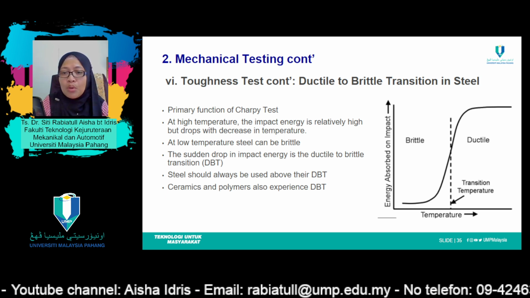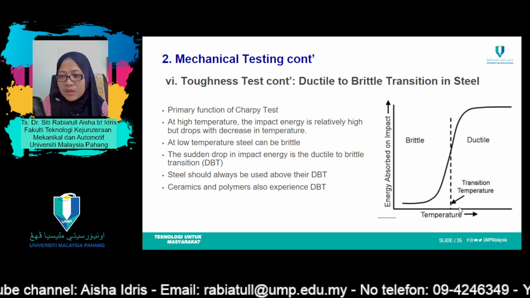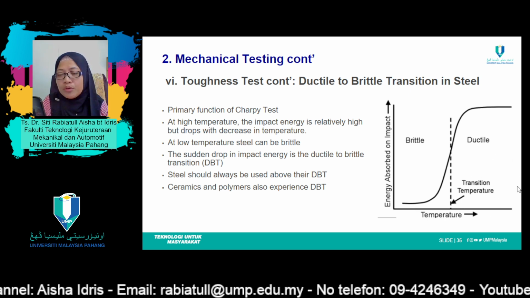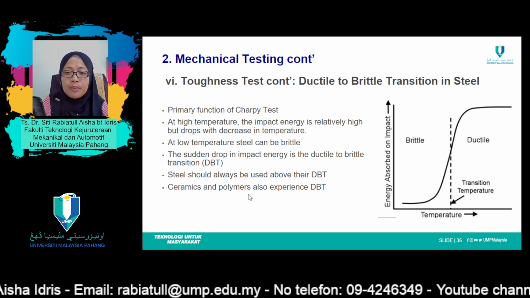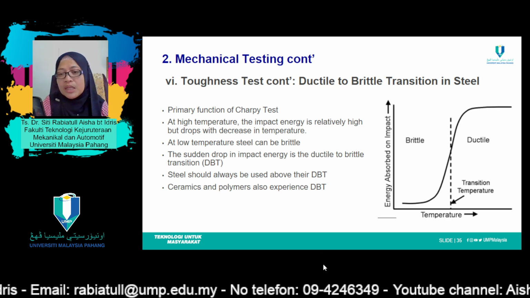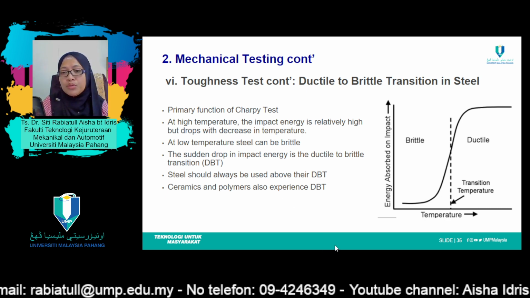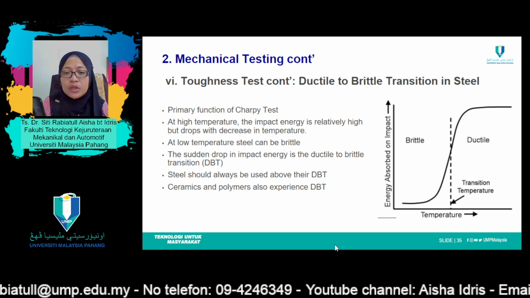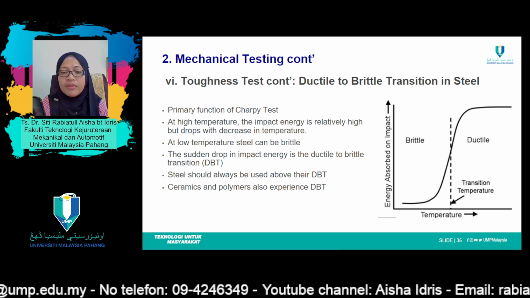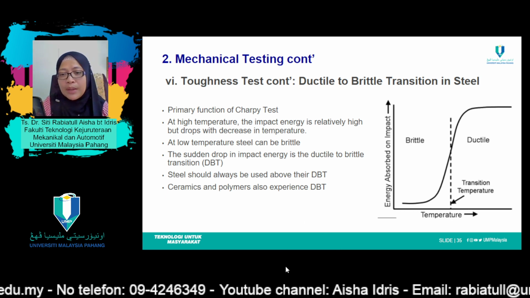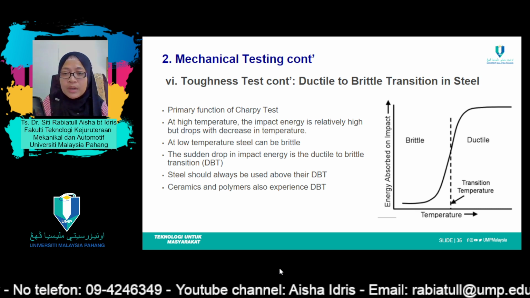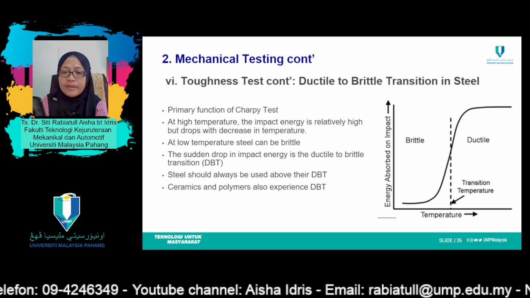Well, we should always stay above DBT. Ceramics and polymers also experience DBT, and therefore we need to know the location of DBT in order to maintain the properties of the materials, so that we can design proper final products in the end.